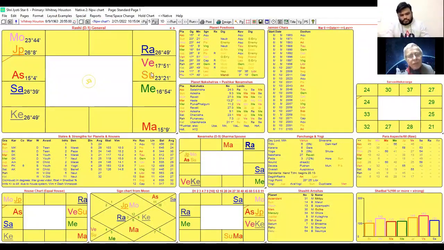Sun and Venus, she's a beautiful woman. Sun Venus combination is usually a combination for a beautiful woman. Moon Jupiter, renowned for her voice, a very, very strong, very, very powerful voice. Ketu is in the 11th, untrustworthy friends. Mars aspects Ketu.